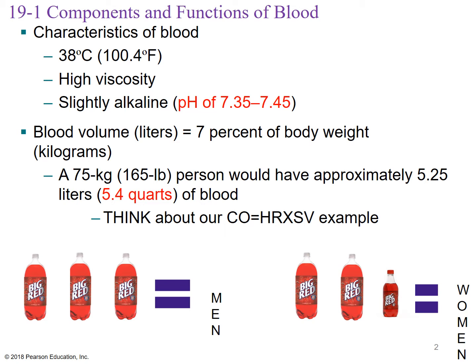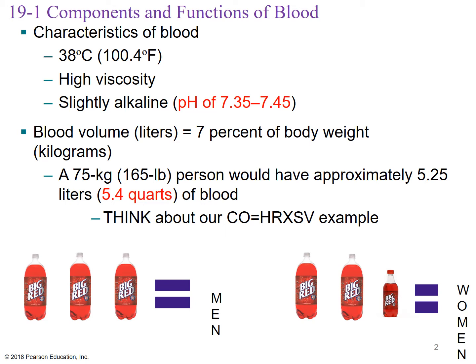This is going to become very important as you get into clinical practice, as you evaluate maybe some arterial blood gases. When we talk about the pH balance, it is important to remember that blood is not neutral. It is not a 7.0. So we are looking at 7.35 to 7.45 for that slightly alkaline characteristic of blood.